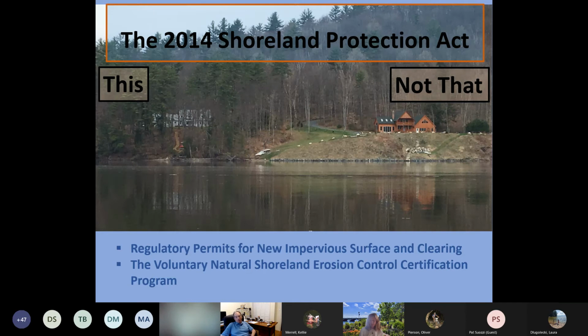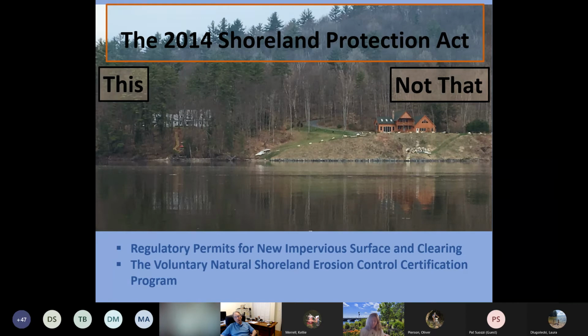A permit specialist, like Laura Dugalecki, should be contacted before any project starts. This law also mandated that a voluntary shoreline erosion control training be offered annually for contractors. As a reminder, we have 800 lakes in Vermont, over 1,400 miles of shoreline, with at least 85% in private ownership.